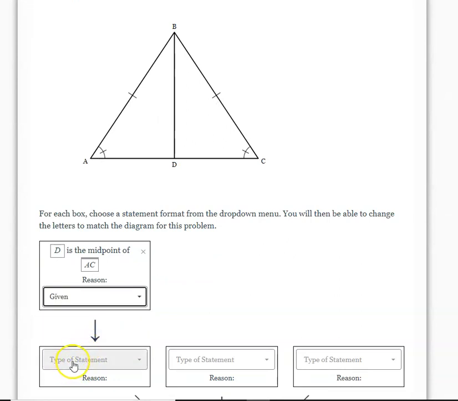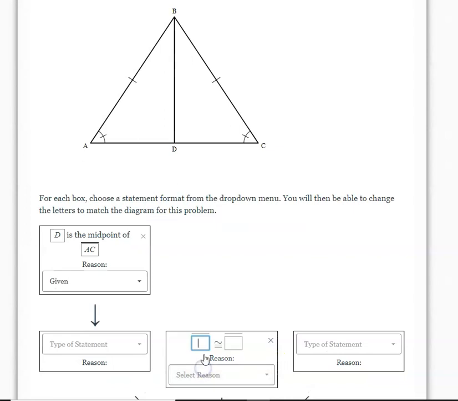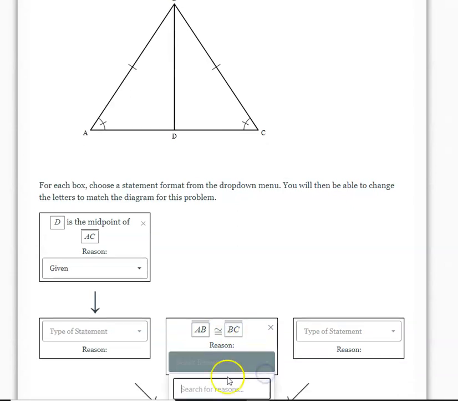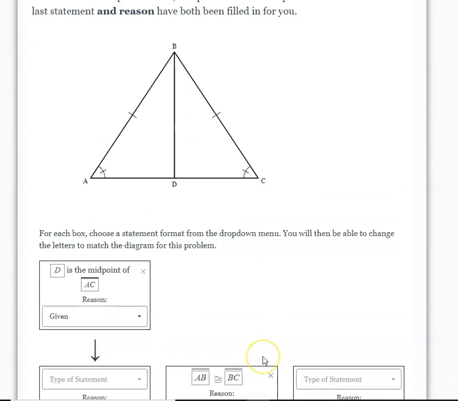All right, continuing here, this piece of information in terms of given, we're given a pair of segments that are congruent, and that would be AB and BC are congruent. And you're given a pair of angles.